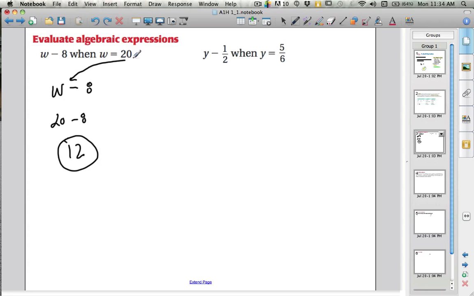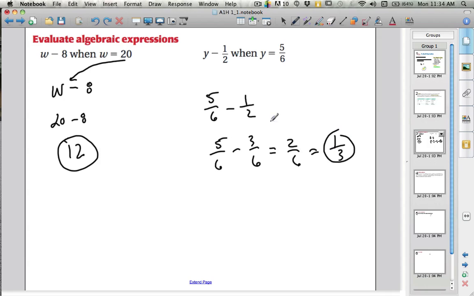This is what we'd call evaluating an algebraic expression. So y minus 1/2 when y is equal to 5/6, I plug 5/6 in for y. Minus 1/2, I'll need common denominators. 1/2 is 3/6. So 5/6 minus 3/6 would be 2/6, which simplifies to be 1/3. Okay, so that's evaluating algebraic expressions.